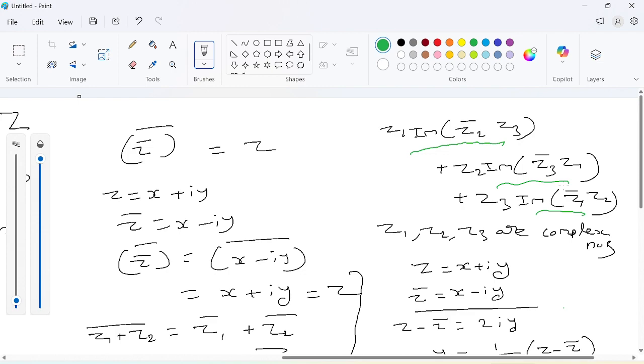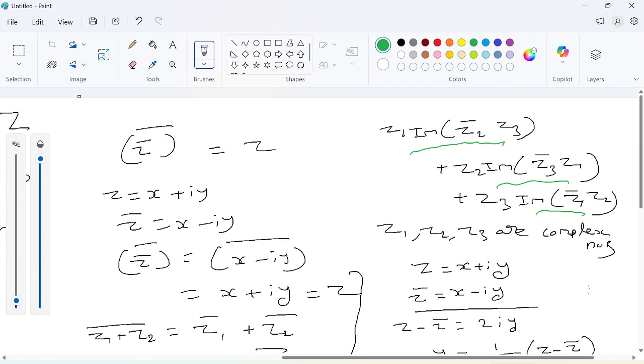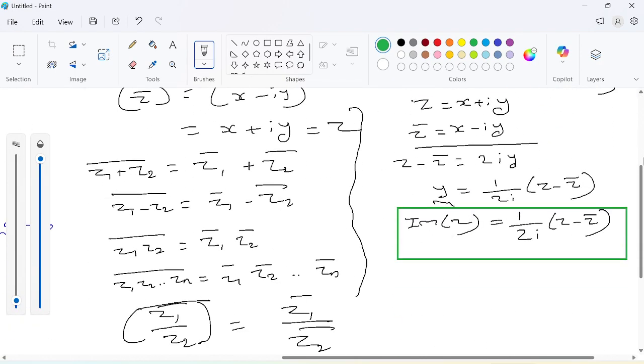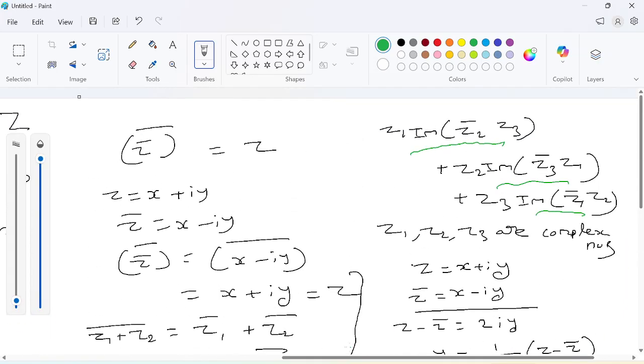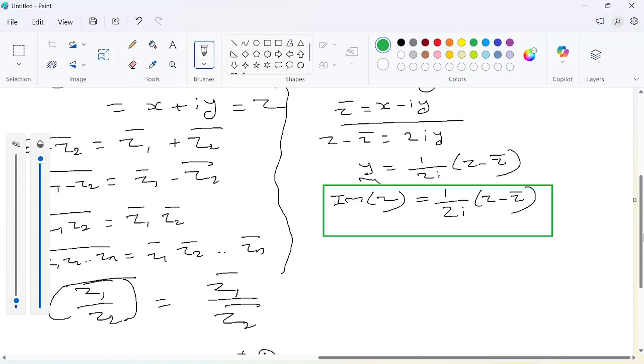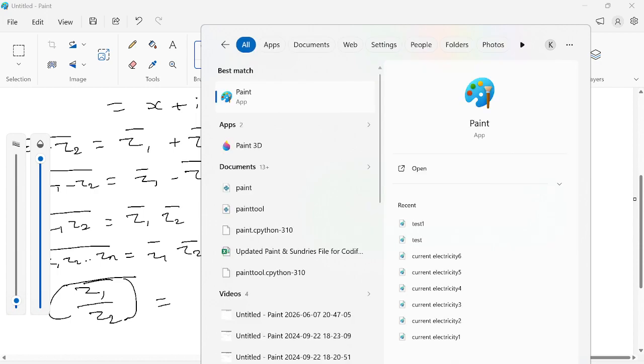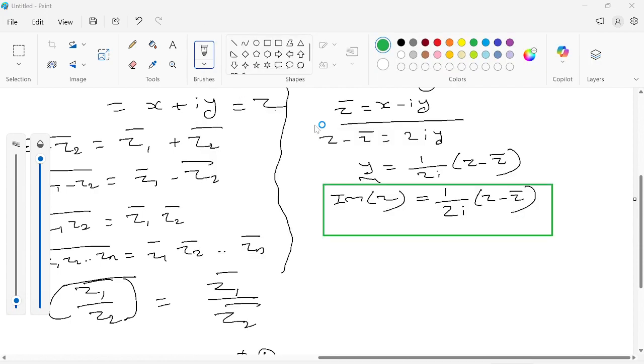Now here you see. Let me go to the other window so that I can write with clarity.